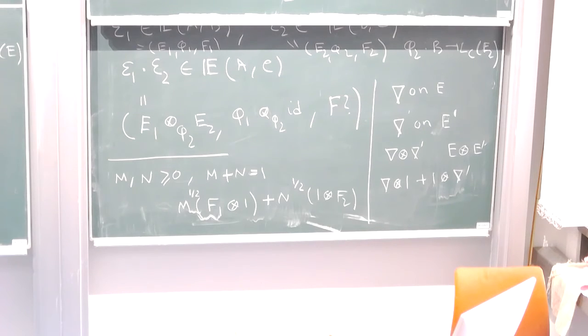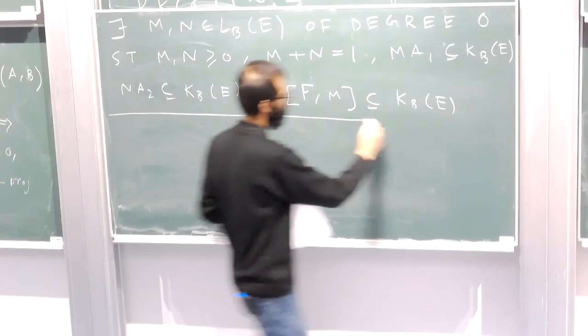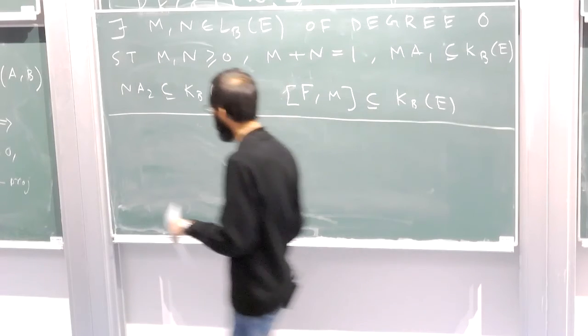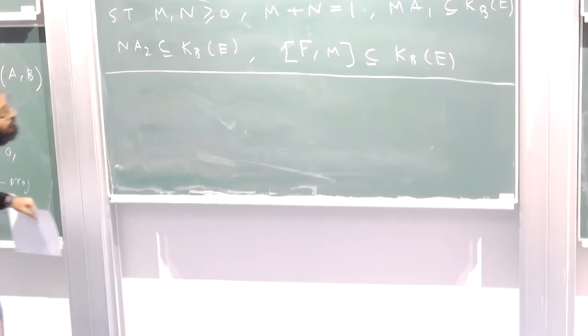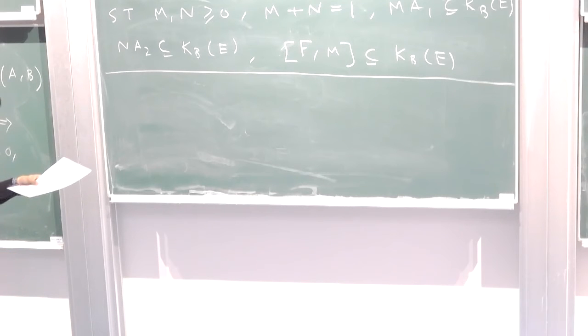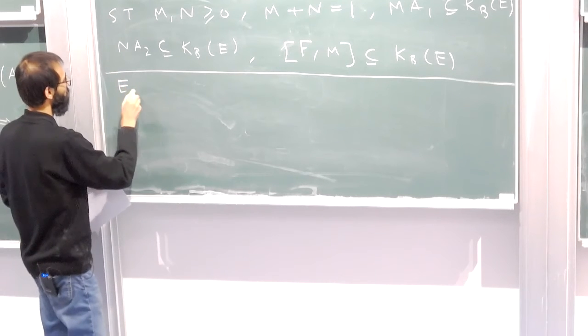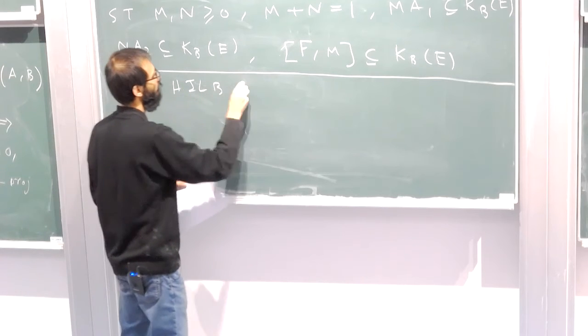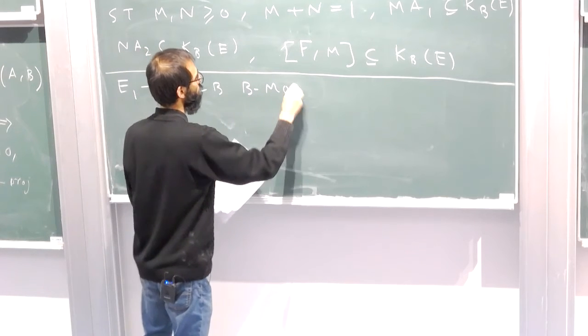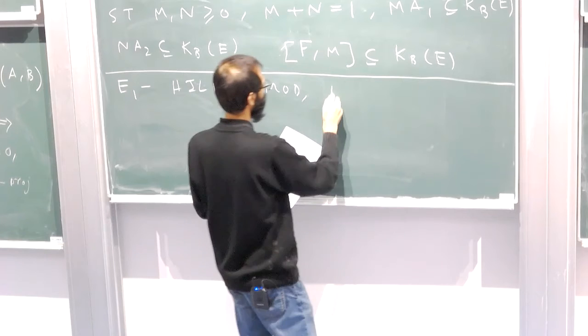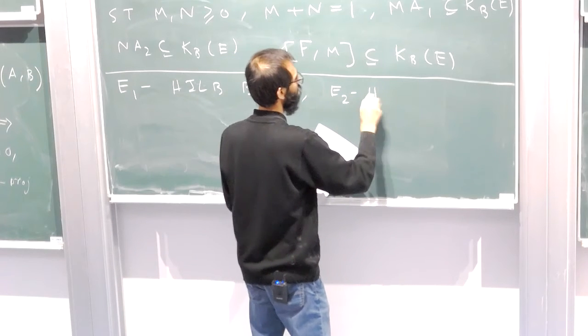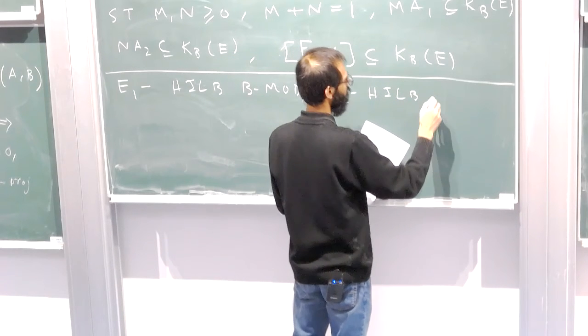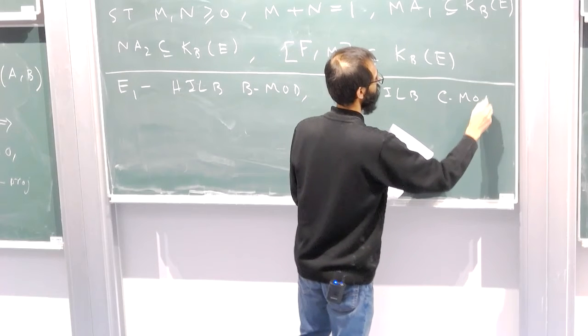Okay, so before that I would define... That's it. This is the technical theorem, and the proof is even more technical. The theorem itself is called technical. Okay. So now the setup. So E1 is a Hilbert B module. E2 a Hilbert C module.